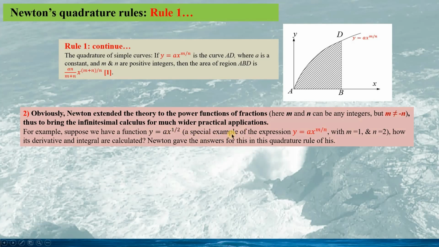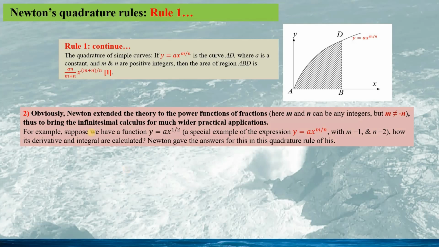This is a special example of the expression y equals ax to the power of m divided by n, with m 1 and n 2. How its derivative and the integral can be calculated.